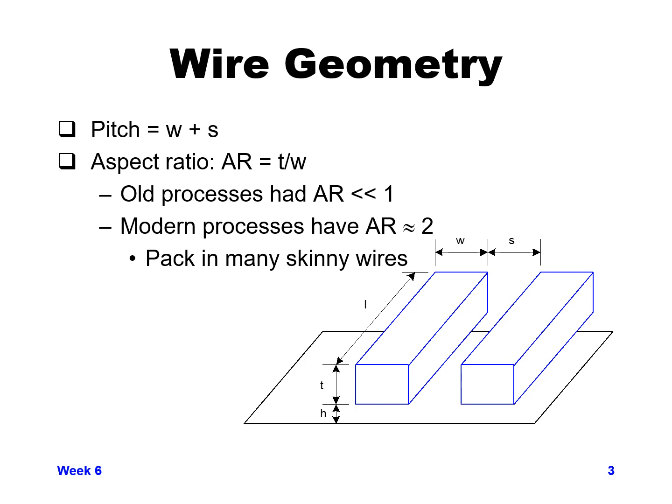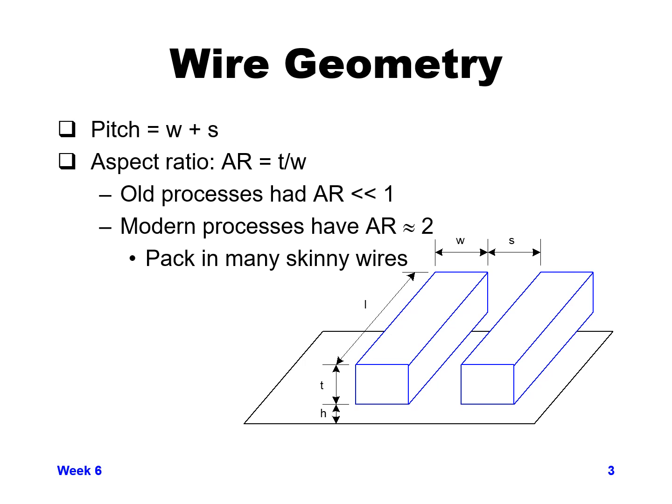Then you also have the aspect ratio of a wire, which is the thickness of the metal divided by the width of the metal. So the thicker your metal is, the higher it is relative to the width of it. In older processes, the aspect ratio was much, much less than 1, which meant that your metals were in general a lot wider than they were tall.